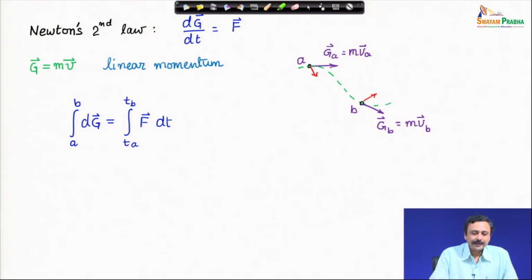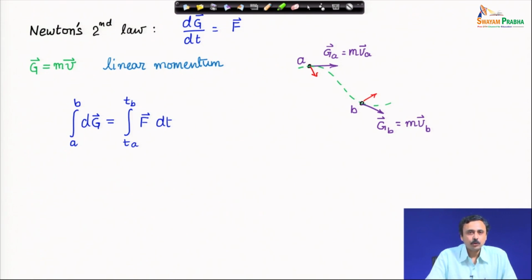If I integrate Newton's second law in the form that I have written, the integral from A to B of dG is equal to the integral of the force over time, F dt. The time flows from t_A to t_B. t_A is the time when the particle was at A and t_B is the time when the particle was at B. Therefore, I can write this integral in this form.